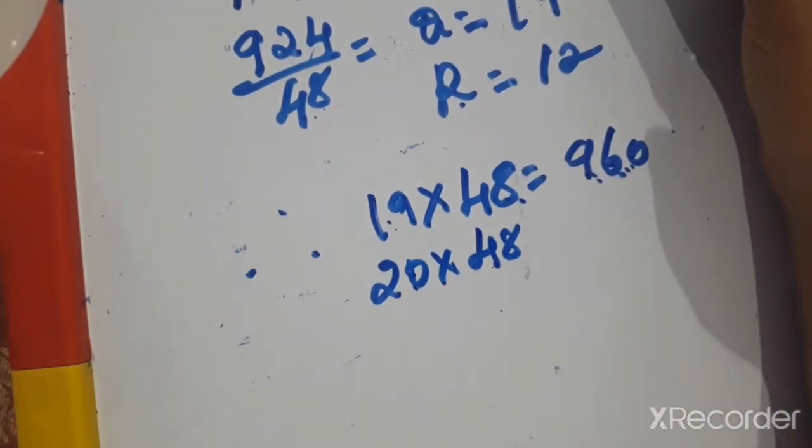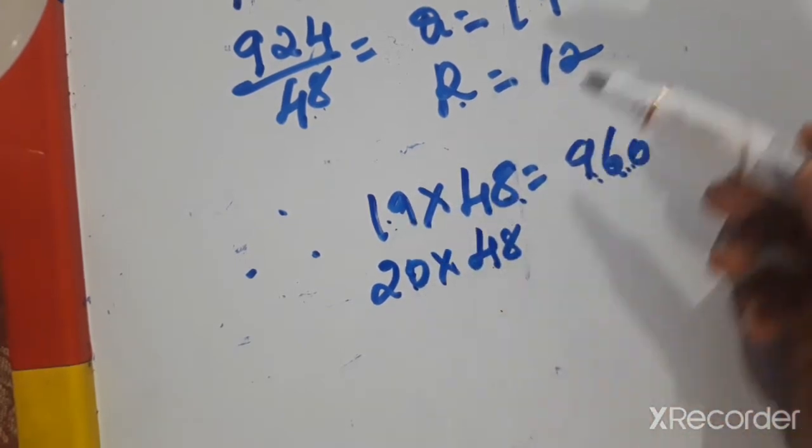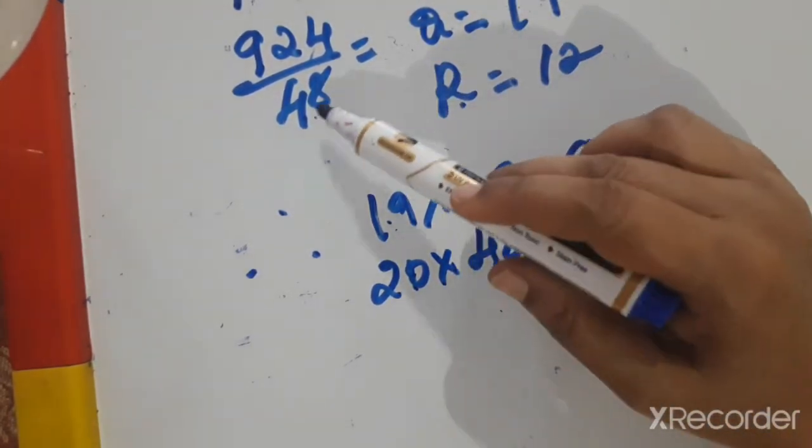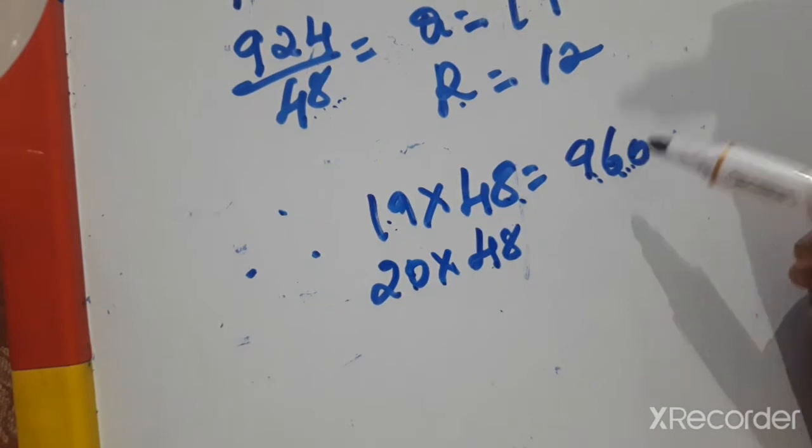How much does it come to? 19 into 48, that is 960. Then check the next number, 20, because we want the least number to be added. Quotient into divisor, we are multiplying.